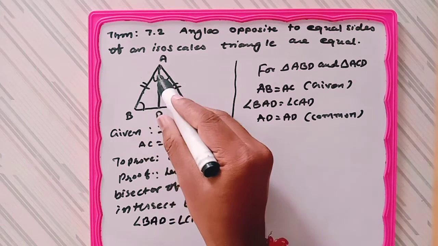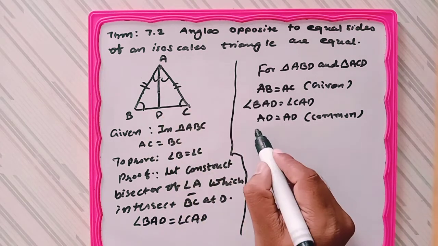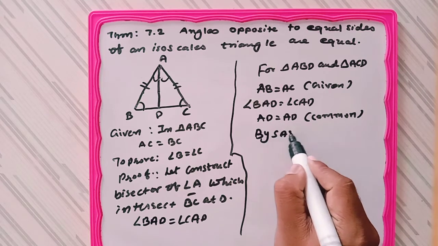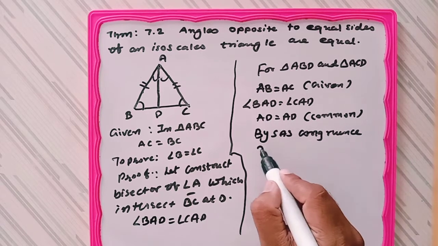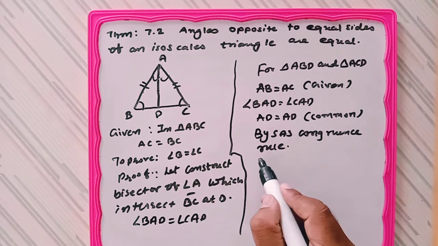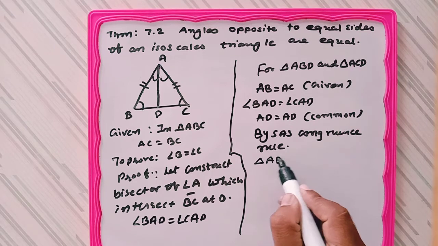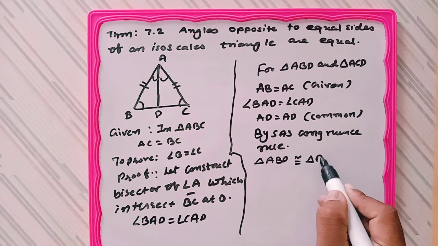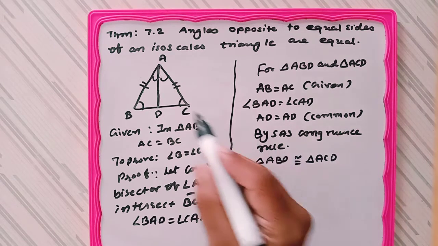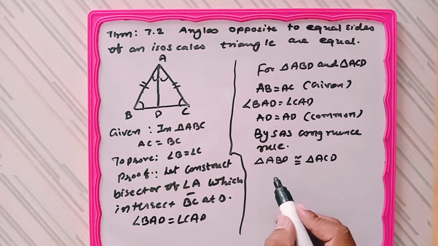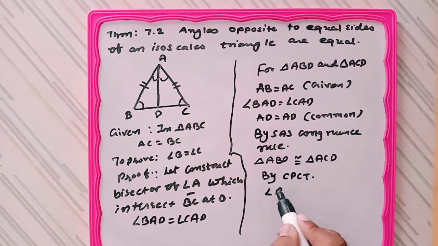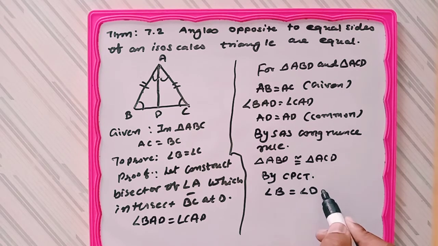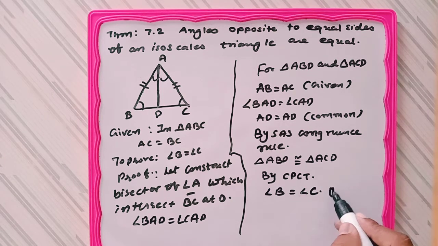So it happens side angle side, by the SAS rule. Triangle ABD is congruent with triangle ACD, and as ABD and ACD are congruent, by CPCT we can write that angle B equals angle C. Hence our theorem is proved.